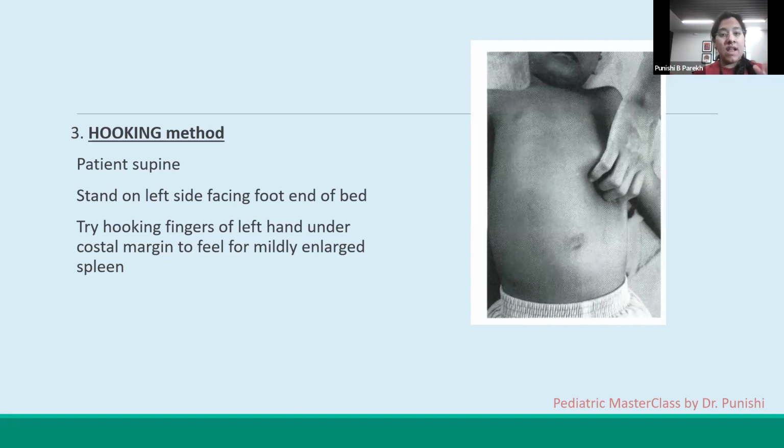And then with your left hand, you try to hook your fingers under the left subcostal margin and try to feel for an enlarged spleen. Because this is the region where you have the spleen, and if the spleen is not significantly enlarged, probably this method will help you feel the tip of the spleen on your fingers. So like I said, when you have a spleen, it enlarges in this direction, from your left hypochondrium to the right iliac fossa.